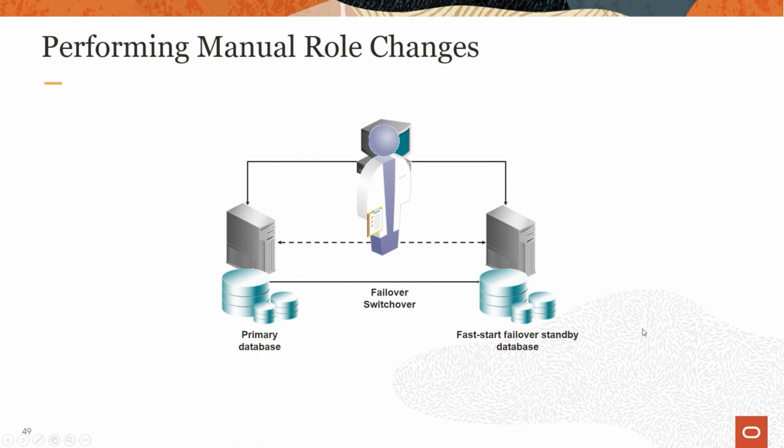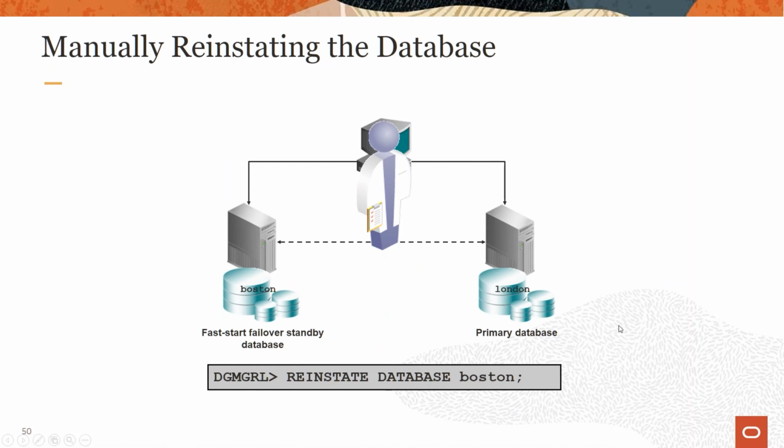And also manually reinstating the database. So after you perform the manual failover, you can reinstate the database manually, and this is against the original primary database to resynchronize it with the new primary database. So you can also do it manually.